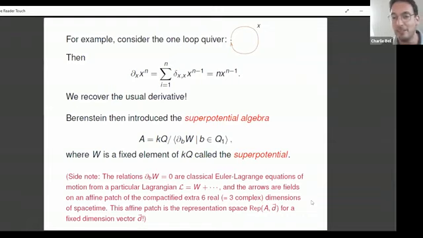So this is just physics background as a side note. And the affine patch is actually the representation space of the superpotential algebra for a fixed dimension vector. And the dimension vector is called the ranks of the gauge groups. Okay, but this is a side note for physics motivation.